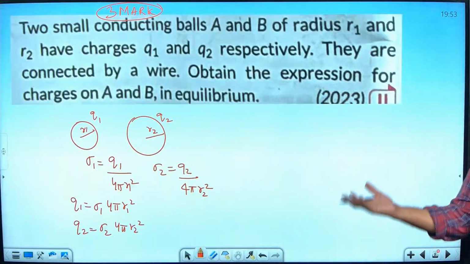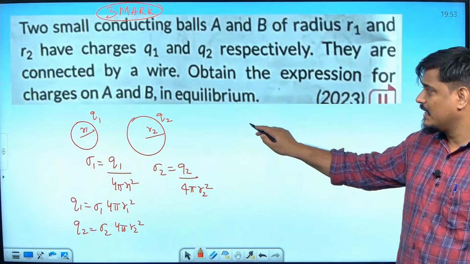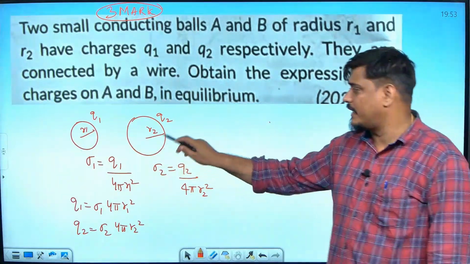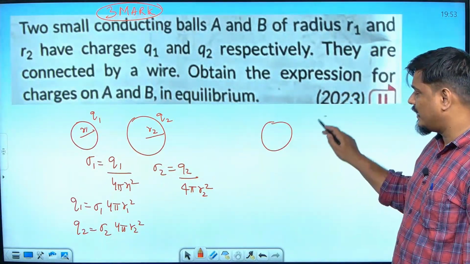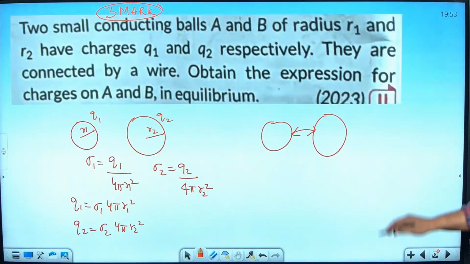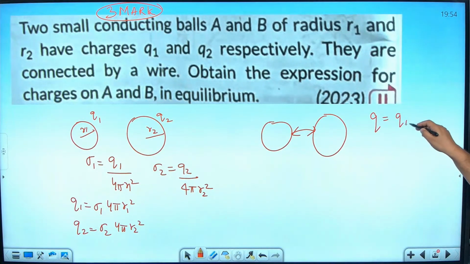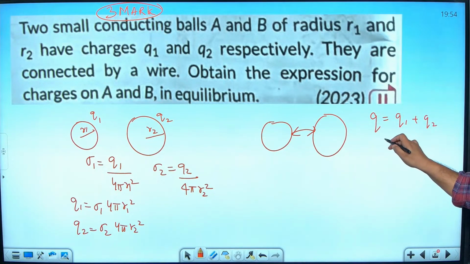Why are we not dividing anything? Because they have told these two are connected after that. So when they are connected, what is the total charge now? Total charge will become equal to Q1 plus Q2. Do you agree? Charge Q1 and charge Q2 on both the spheres, when they are connected, the total charge will become Q1 plus Q2. And what will be its value?